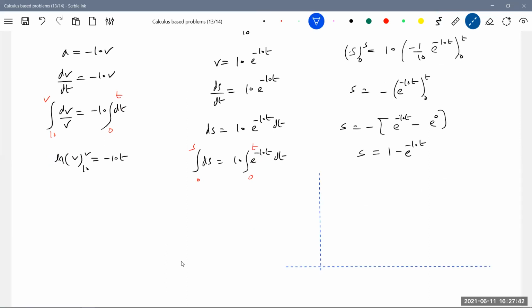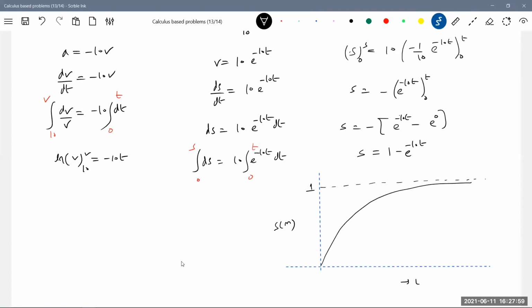We have already studied the exponentially increasing one. This is the curve. This will be 1. This is s, this is t. When will it be at maximum distance? At t equal to infinity.